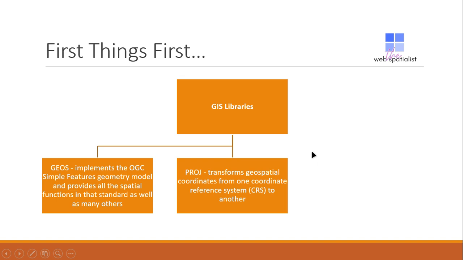And secondly, we have the PROJ library. PROJ typically handles the coordinate reference transformations. So let's say you're working on QGIS, an open source software, and you want to make sure that your data is projected onto the right coordinate system, then you would use that.